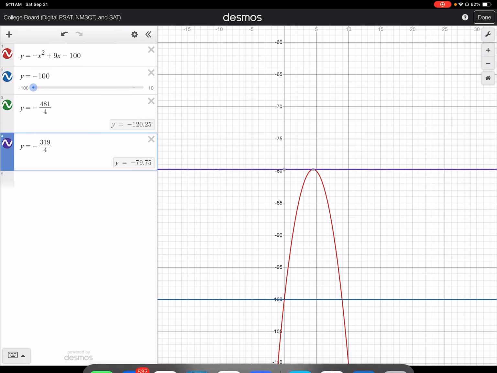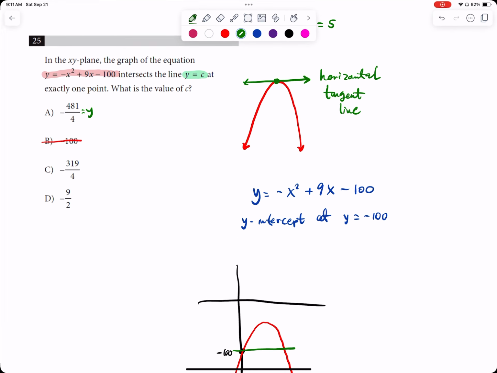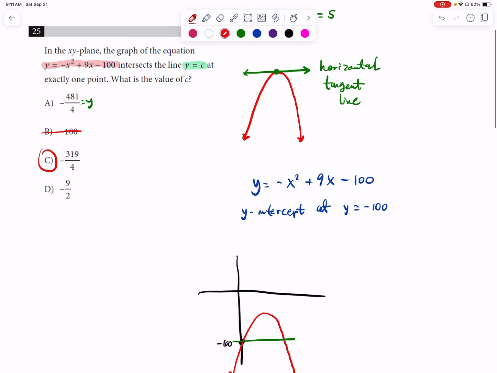Okay, so that pretty much does the solution of this, but I'm going to actually go through this. That's answer choice C here. I'm going to go through this probably as they intend for you to answer it. I mean, if this is one of the last questions on the test, if all you had to do was just throw it into the graphing calculator, then it does make it a very easy question.